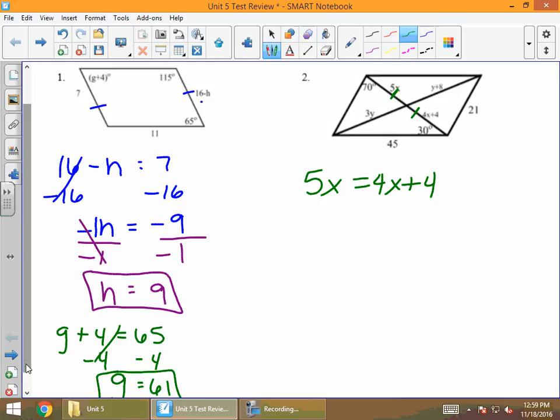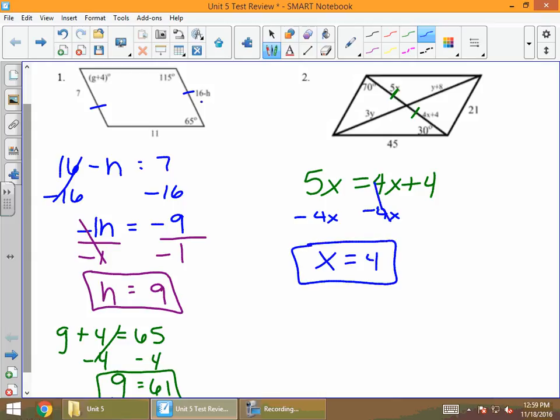If it was one line, it would be 180 only if we were talking about an angle. We're talking about segments. Segments don't equal 180. Angles equal 180. Okay. So when we solve, move the 4x over. Yeah, x is equal to 4. Done. That easy.